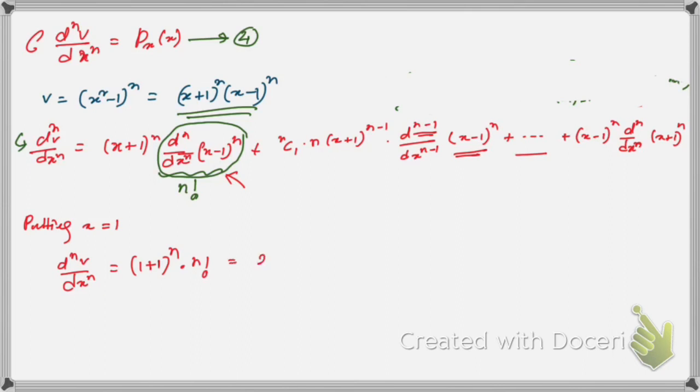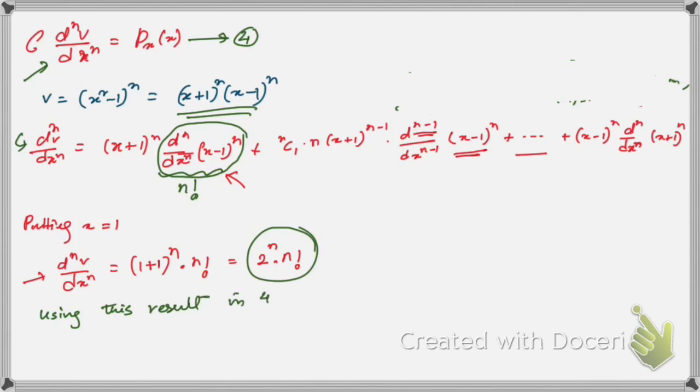This is going to be equal to factorial 2 to the power n factorial n. Let me multiply both sides by this. Just use this result here in equation number 4.